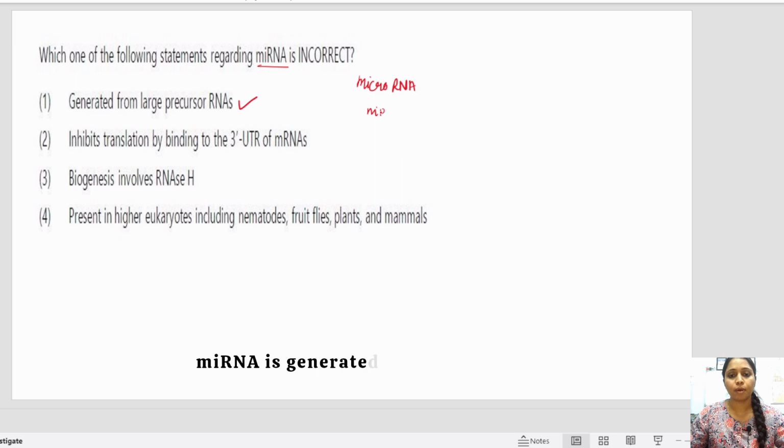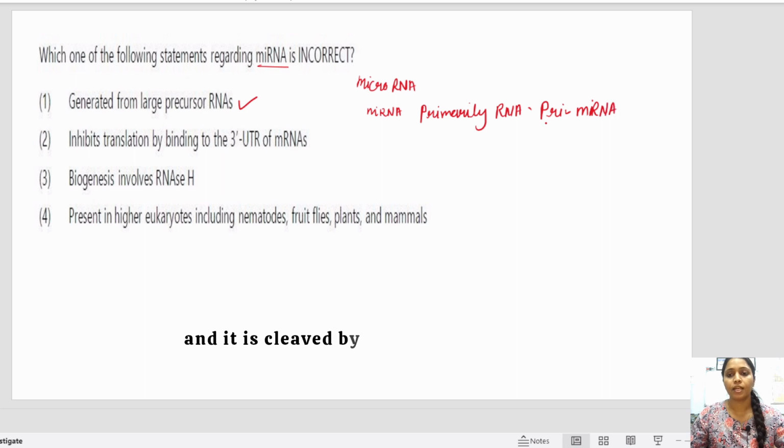miRNA is generated primarily from a precursor RNA, which is known as primary miRNA, and it is cleaved by some proteins like DROSHA and DICER.